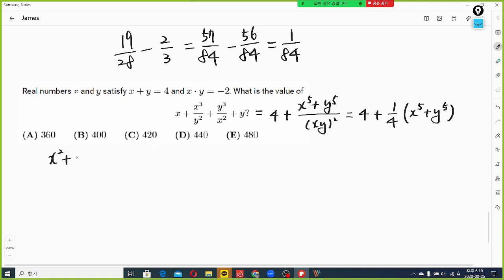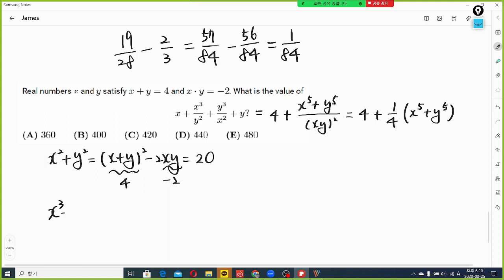So we need to first find the sum of these two squares. So what's the sum of these two squares when the sum is 4 and the product is -2? If this number is 4 and this is -2, what's the sum of x squared and y squared? That's 20.